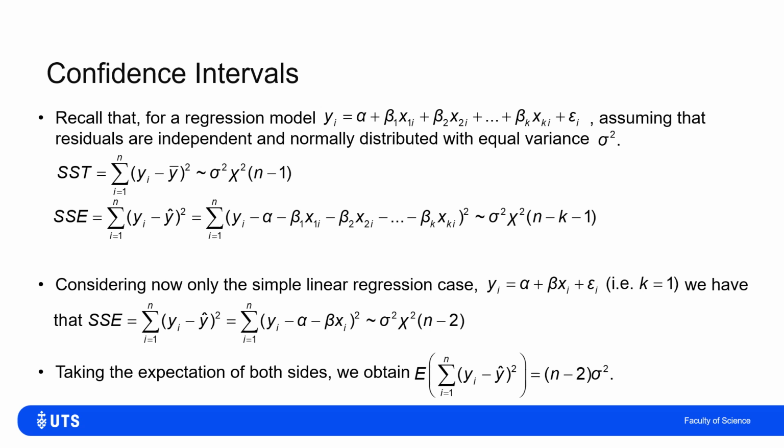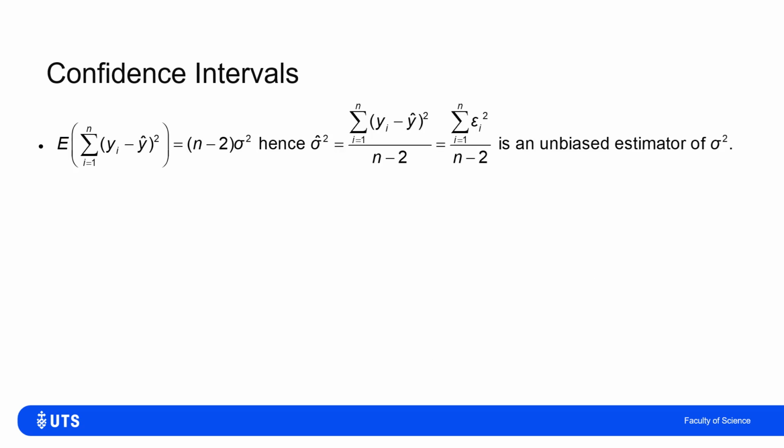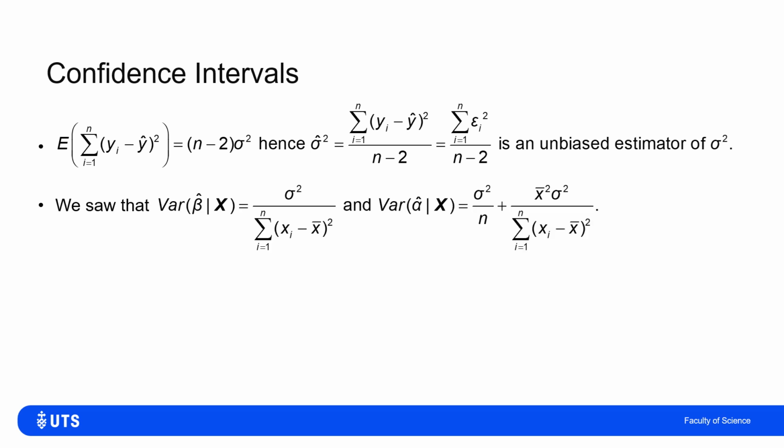So in this case, n minus 2 multiplied by the sigma squared. If I plug all this through, then I can show that an estimator sigma hat squared can be estimated by the residual sum of squares over n minus 2, and that will be an unbiased estimator of sigma squared.